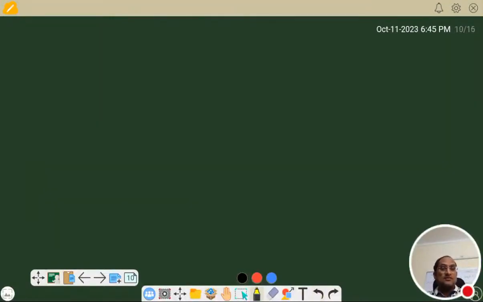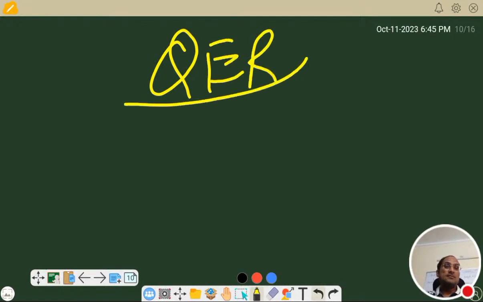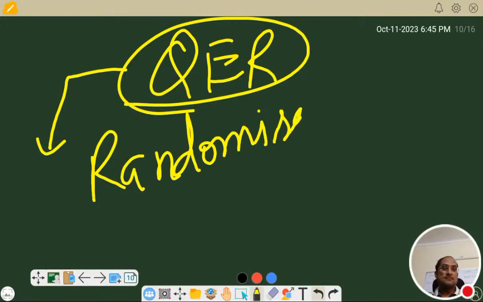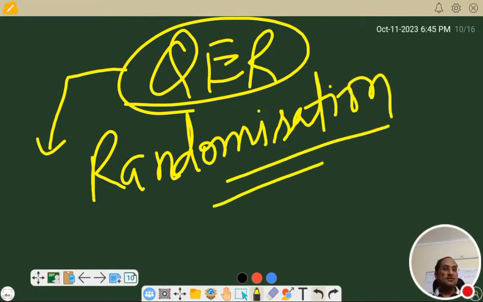Then comes your quasi-experimental research, QER. What happens here is, randomization is not possible. Random assignment to experimental group and control group is not possible.